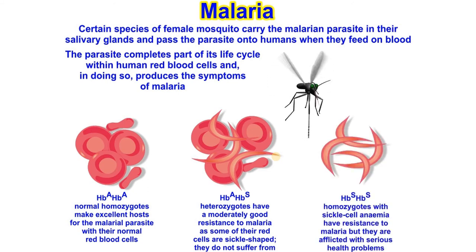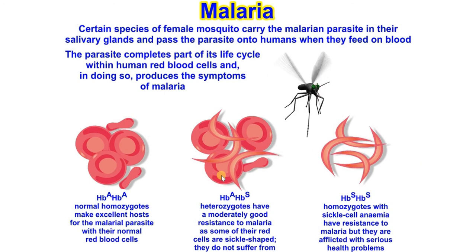And if you are homozygous for the sickle, so HbS, then all of your red blood cells are sickle shaped. And this is really quite catastrophic for your health and carrying oxygen around your body.